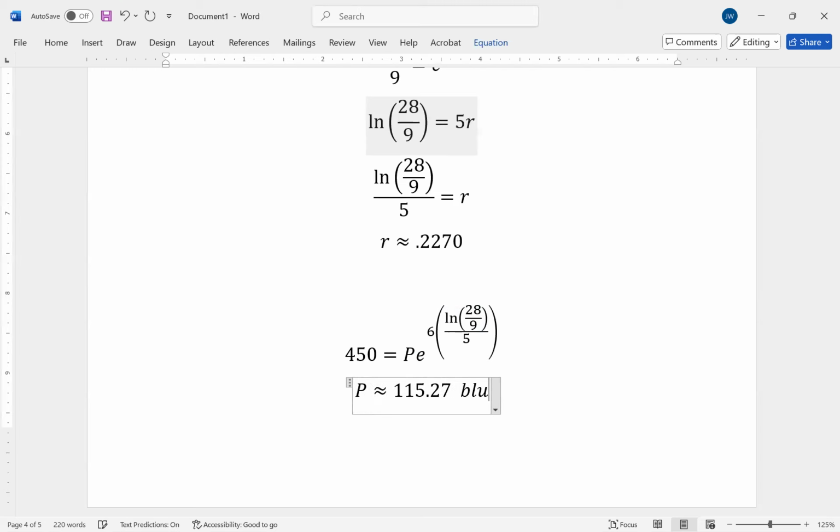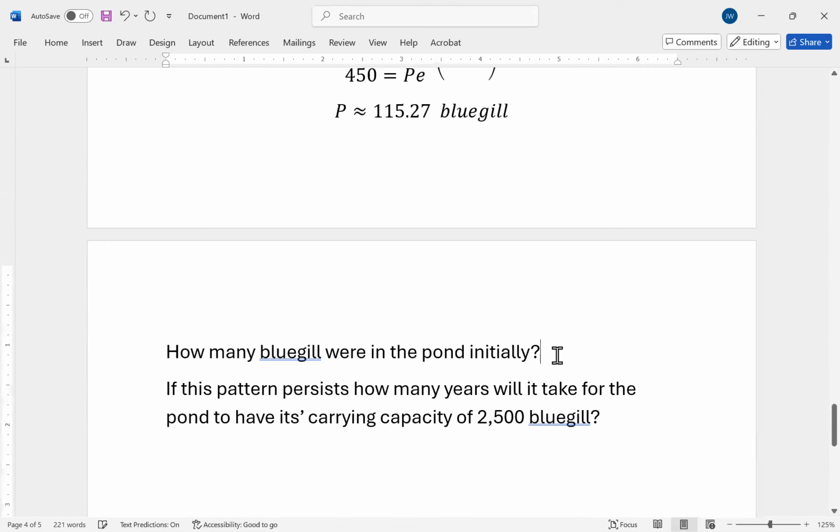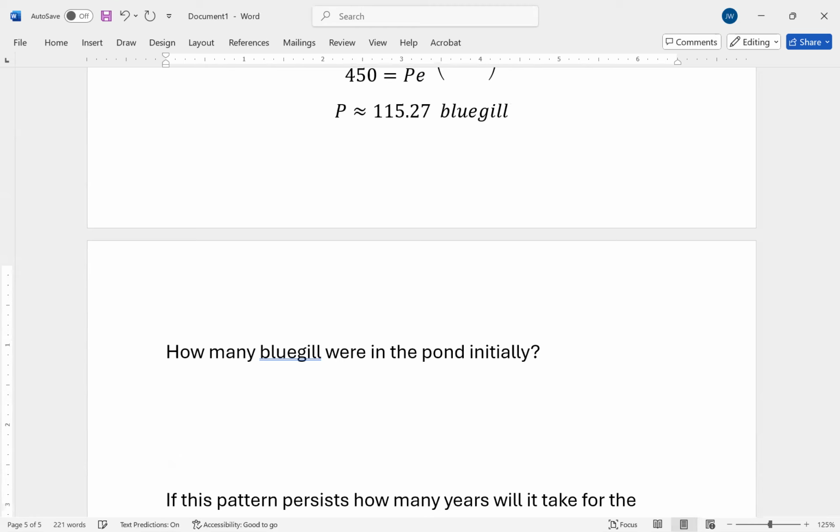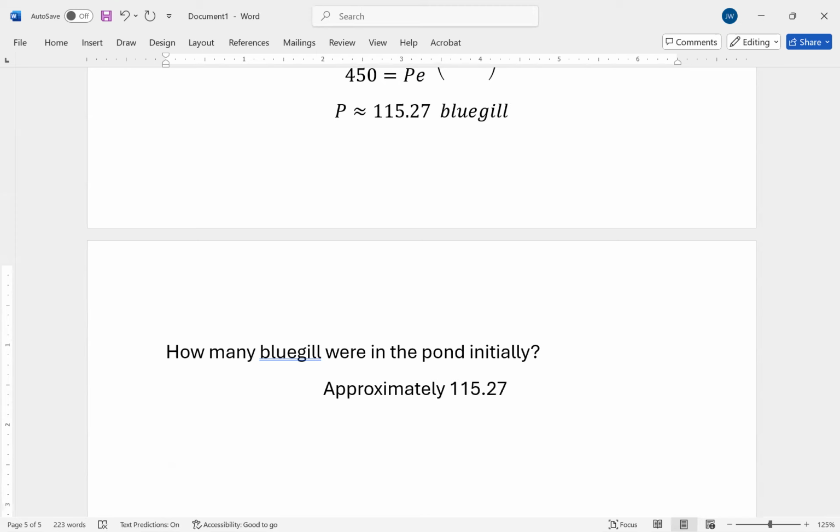That's how many bluegill are in the pond initially. I'll use the rounded number there. By the way, that is my first question. How many bluegill were in the pond initially? We would say approximately 115.27. Again, these are estimated numbers.